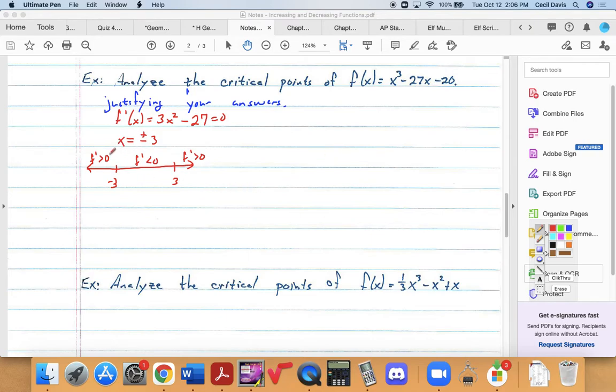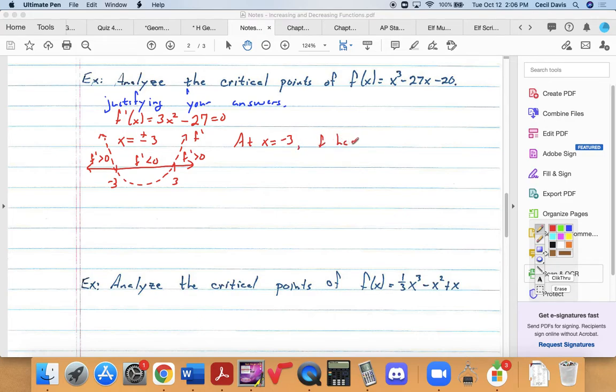So the graph of f, you certainly don't need to draw it in, but the graph of f looks like that. Or it's the graph of f prime, excuse me. So, at x equals -3, sorry, I'll go left to right.